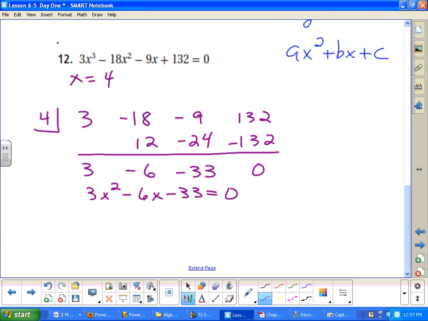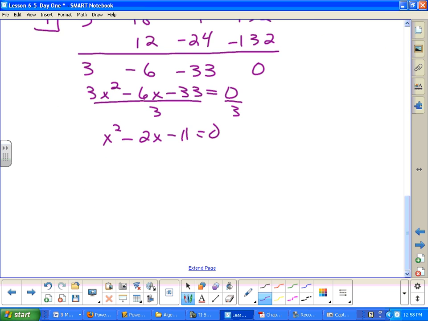If I divide the whole thing by 3, we get x squared minus 2x minus 11. Can we factor that? The factors of 11 are 11 and 1, and they don't add up to 2. All right, so then we've got to use the quadratic formula.